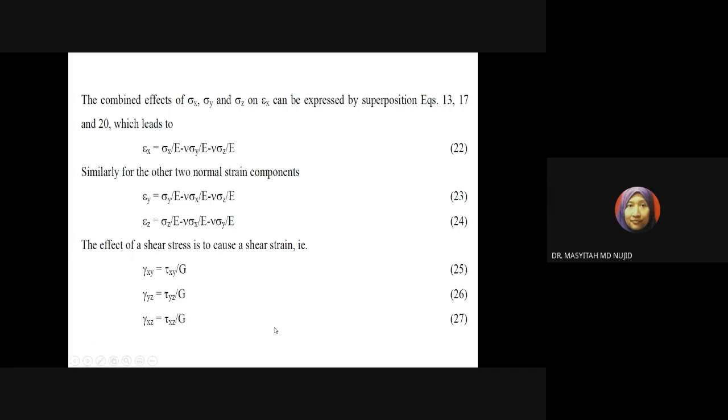Similarly here, you can see how the two normal strain components are derived in the epsilon y and epsilon z directions, and also the effect of shear stress is to cause a shear strain.